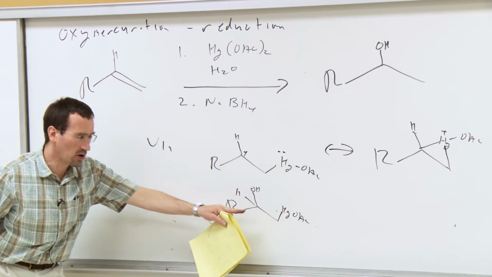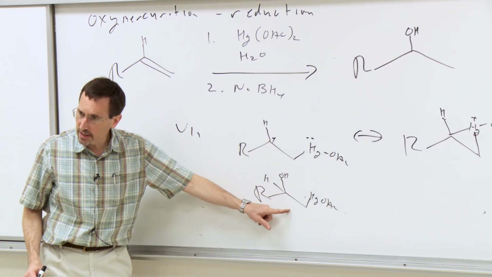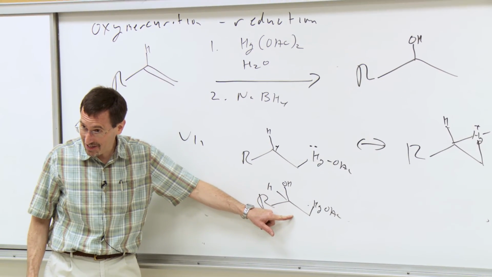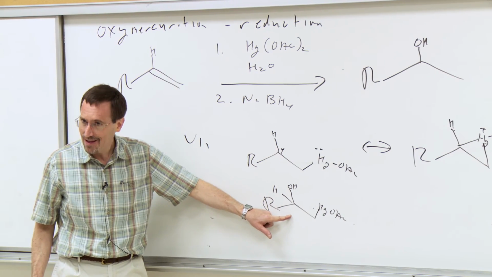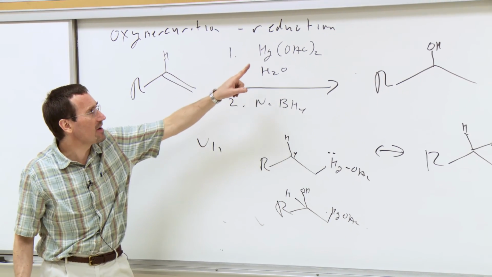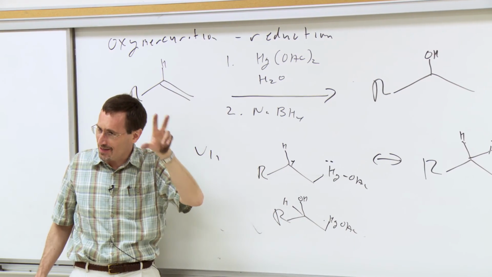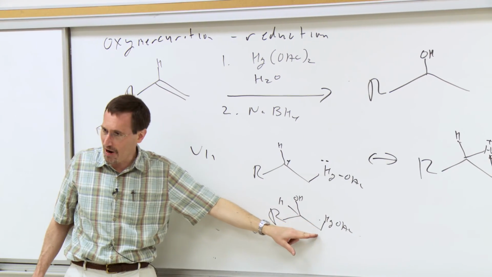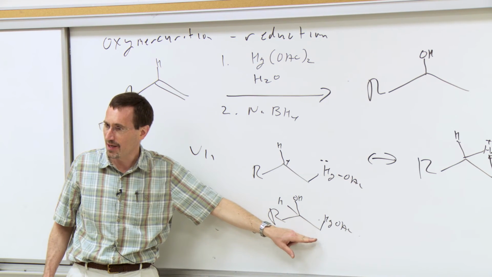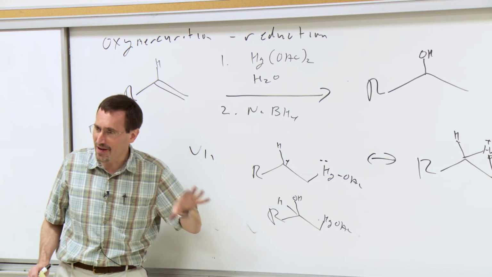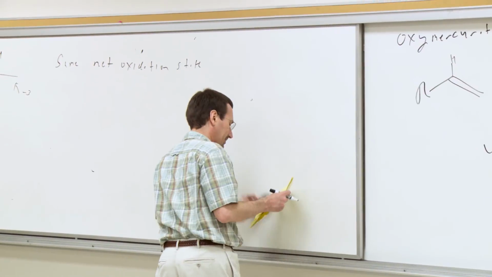And then the mercury is reduced off. What's actually changing oxidation state in this reaction is the mercury. We are going from mercury +2 to mercury 0, which is in part what allows us to break the carbon-mercury bond. But the carbon, we have no net change in oxidation state.